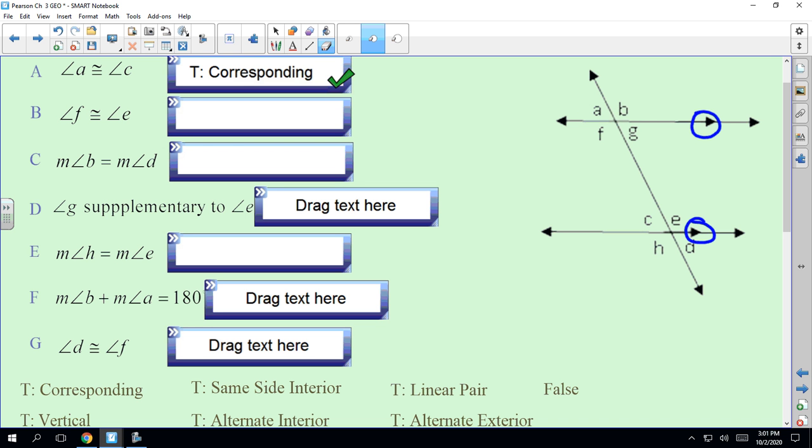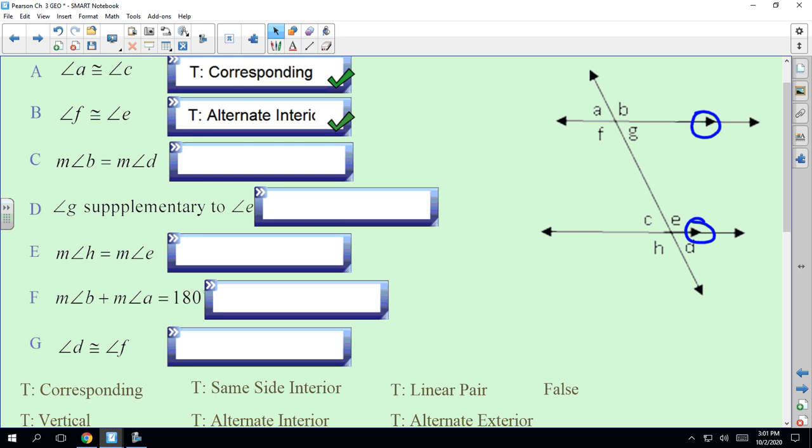All right, if the lines are parallel, are F and E congruent? Well, what kind of angles are F and E is the question. F and E are alternate interior angles, and our theorem says if 2 lines are cut by a transversal, then alternate interior angles are congruent. Measure of angle B equals measure of angle D. So here's B, and here's D. Is that true?